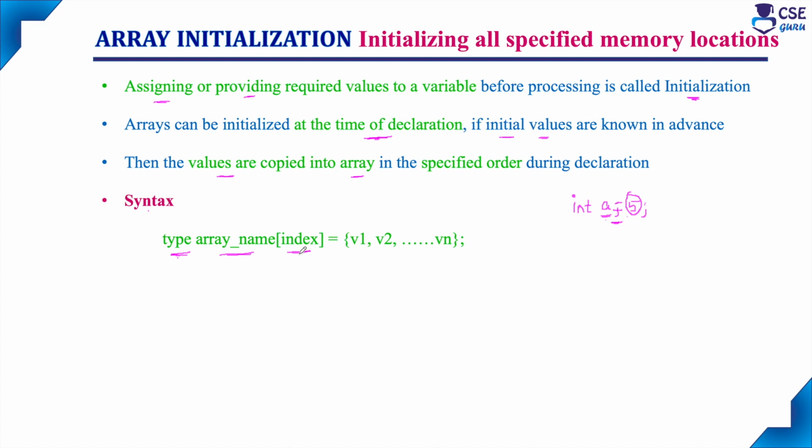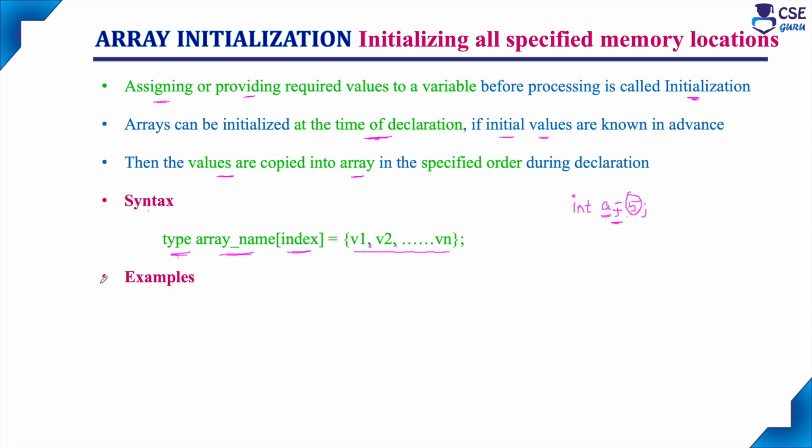So what is the index size or array size? According to that, for all the elements starting from the 0th location, we can assign values separated by comma. That is, each element's values will be separated by comma. Okay. So this is initializing the array for all specified memory locations.